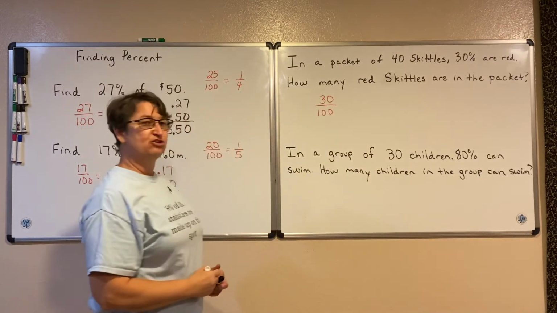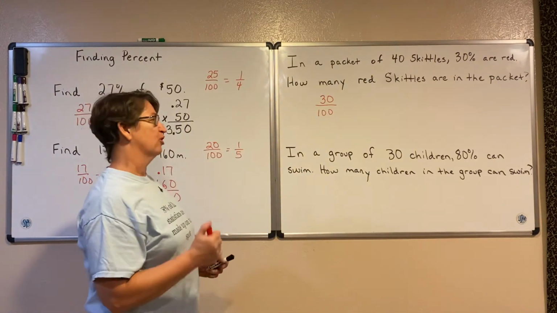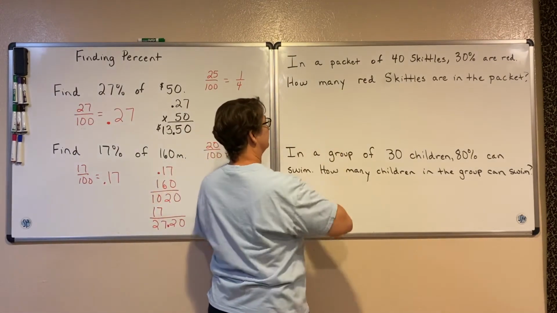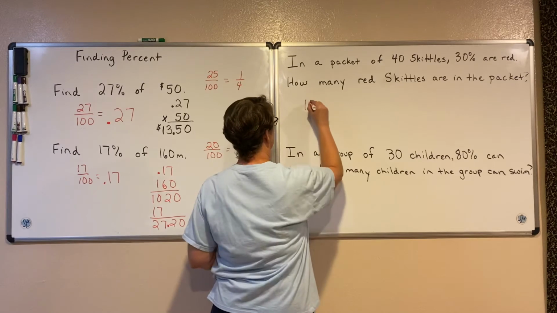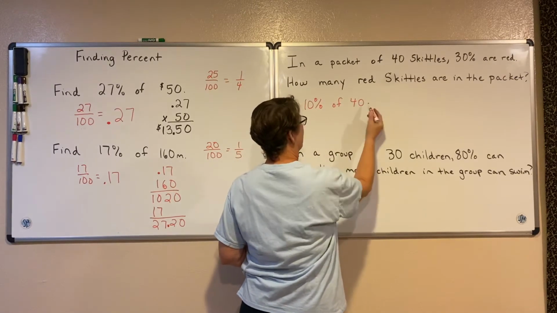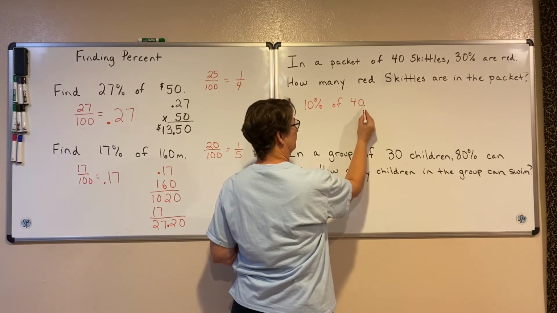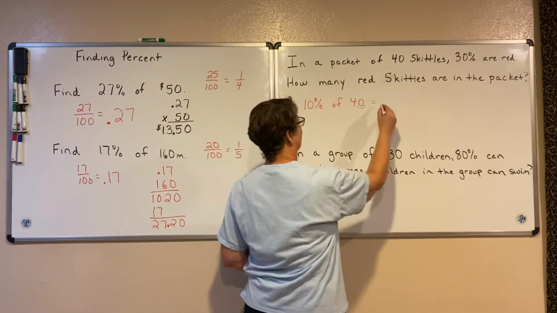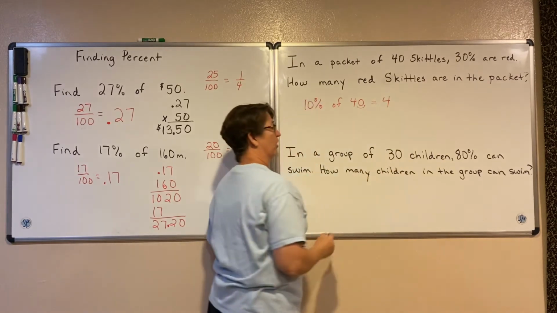Actually, let's use our 10% trick that we've learned in a previous video. We know that to find 10% of 40, all it does is take the decimal from behind and move it over one spot. So 10% of 40 is simply equal to 4.